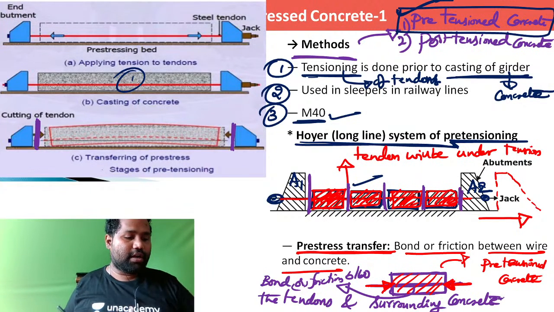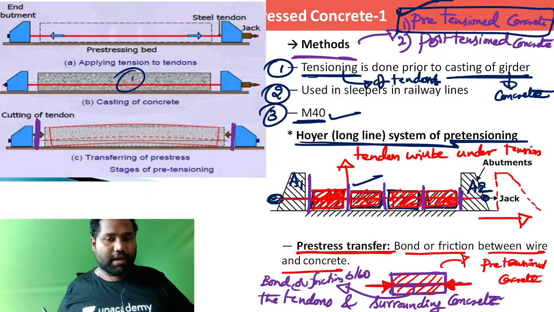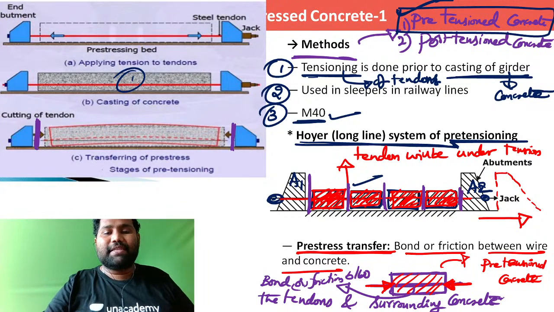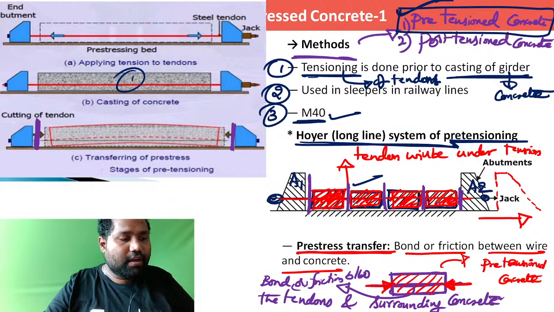So the pre-stress transfer in the case of pre-tensioned concrete is by bond or friction between wire and concrete.